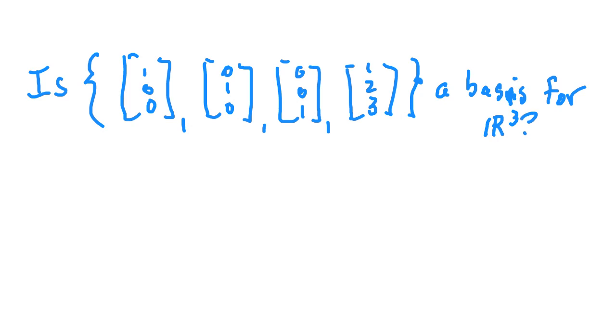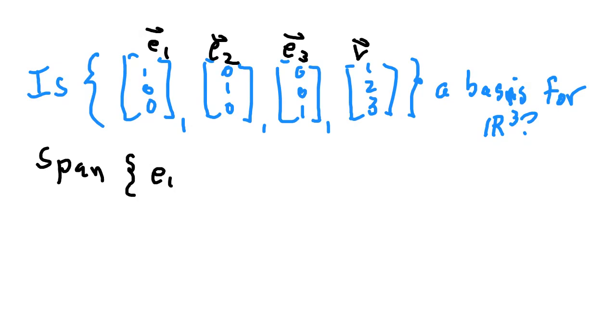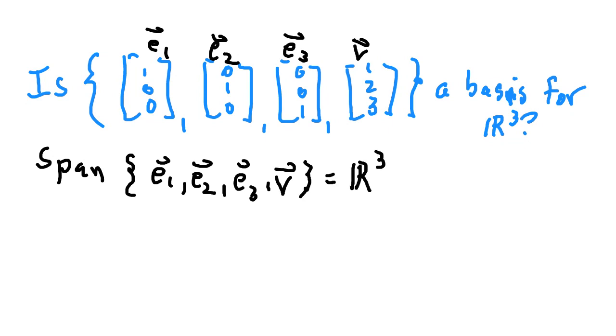Well, let me ask you. I'll call the vectors E1, E2, E3, and I'll call that just V. Does the span of E1, E2, E3, and V equal three-dimensional space?